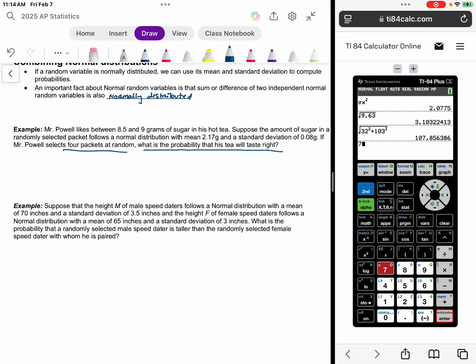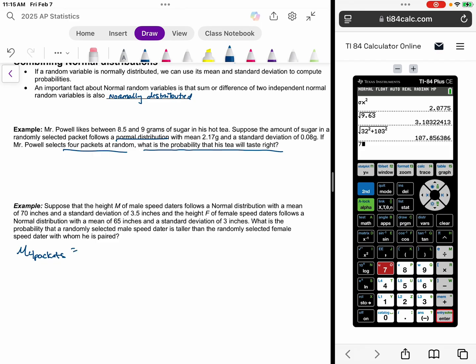All right, great. So we said it was approximately normally distributed, which means I need to use the normal CDF at some stage. The challenge is it's not just one packet. The mean and standard deviation they give us is for one packet, but he's grabbing 4. He needs 4 packets to get his tea to taste right. So what's the probability that it will? With that in mind, we need to find the mean of the 4 packets.